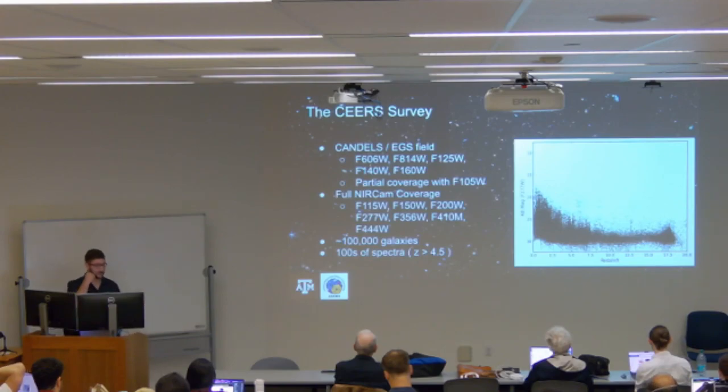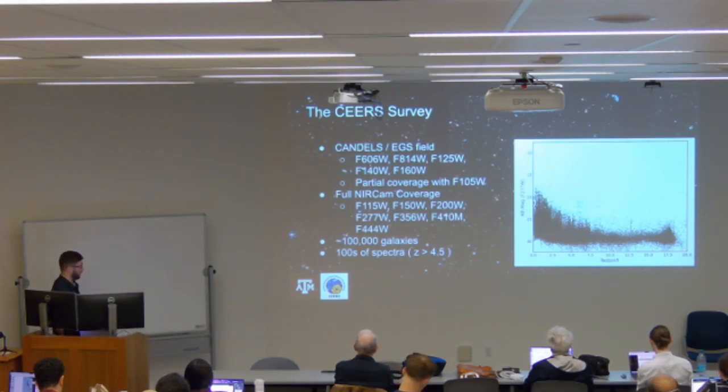It being in the CANDELS EGS field, we have coverage from HST with partial coverage in F105, and then we have full NIRCam coverage, including F410M. Our fiducial catalog in the CEERS data releases has roughly 100,000 galaxies. We've got on the order of hundreds of spectra above redshift 4.5, and I'll come back to that at the end of my talk.